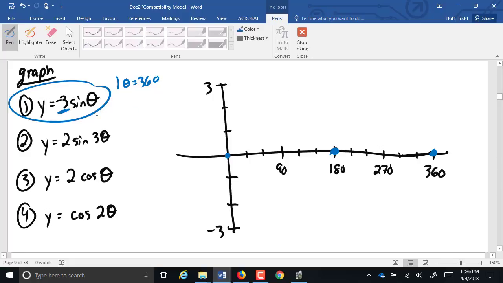Since this is a negative amplitude, that means it's upside down. So instead of a peak at the 1/4 wave, the 90 degrees in this case, we have a trough at -3. Then at 270, we have the peak at +3 instead of a trough. There's our wave.